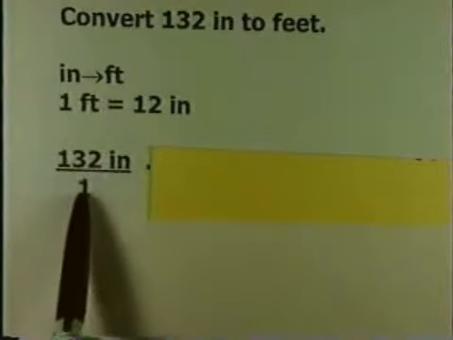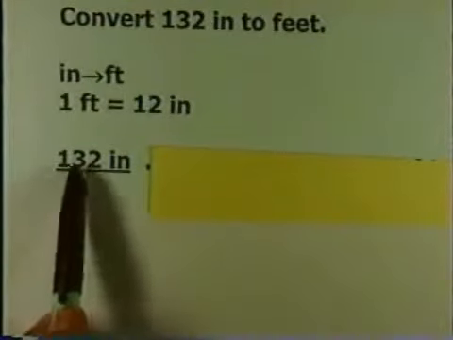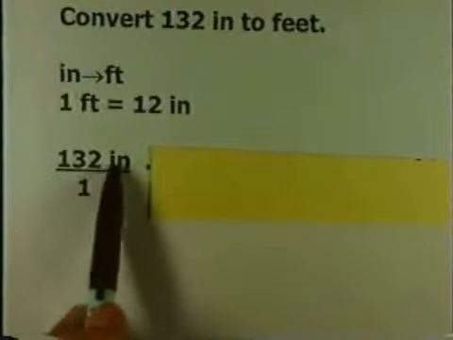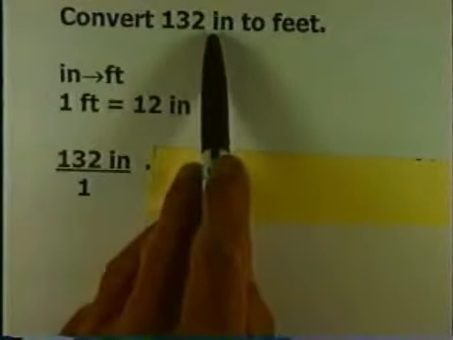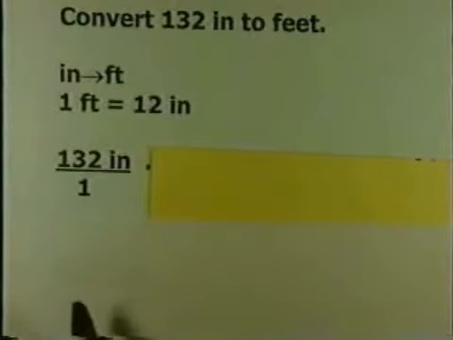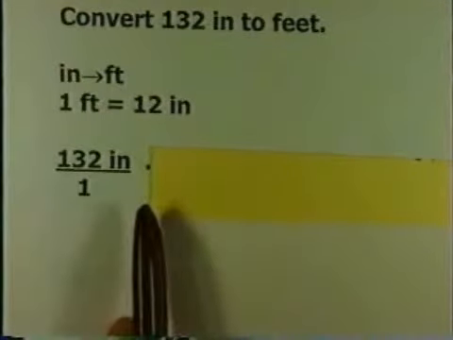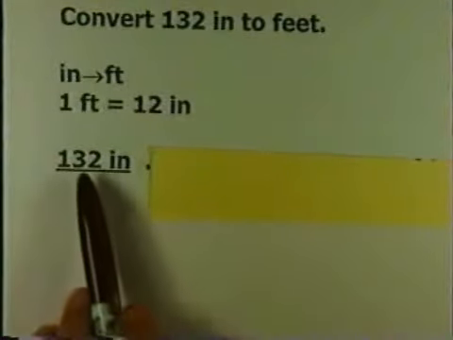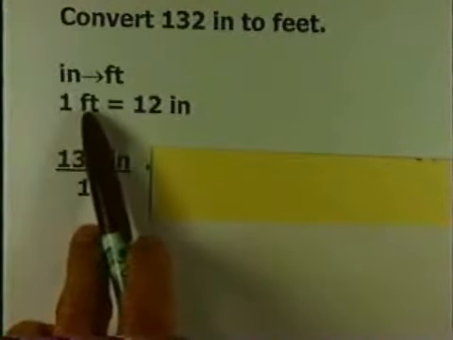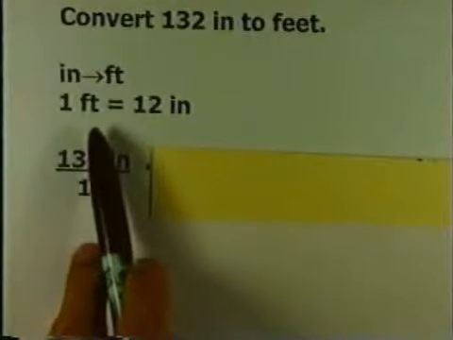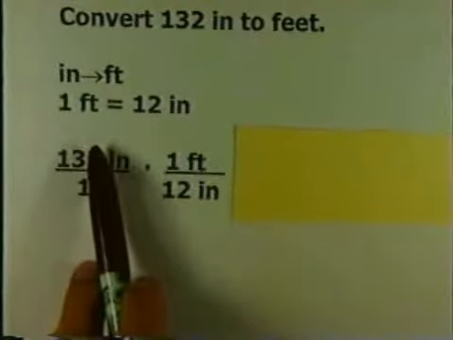Now any number divided by 1 is that number. So 132 inches divided by 1 is 132 inches, which is the number that I gave you to start with. Now I'm going to multiply by the conversion fact divided by itself. And I have to divide in a particular way here.